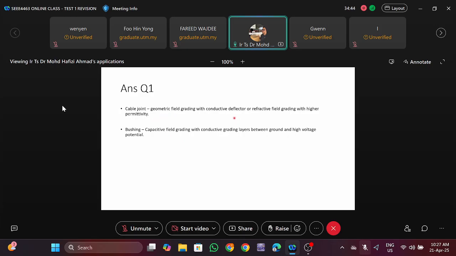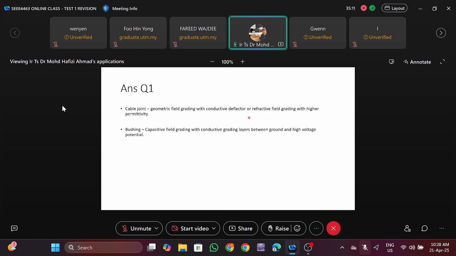If you still remember, we have a conductive deflector. This kind of deflector produces what we call a Faraday cage, and with a certain curve profile, it can linearize the electric field, so the electric field is not focused at one point.